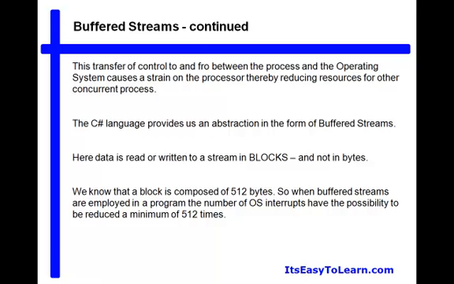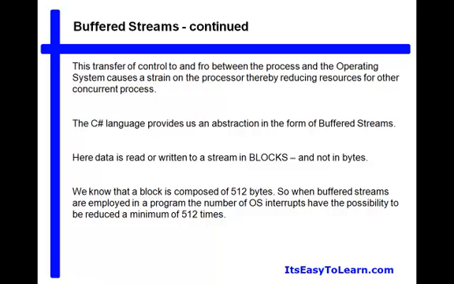So if you want to reduce the strain, we need to use buffered streams. The C# language provides an abstraction in the form of buffered streams. Here data is read and written in blocks, not in bytes. Whenever you say read, even though you may specify a size, say 128 or 256, whatever your byte array size is, C# will go ahead and read more than that into memory, in multiples of 512 bytes. 512 bytes is called a block.